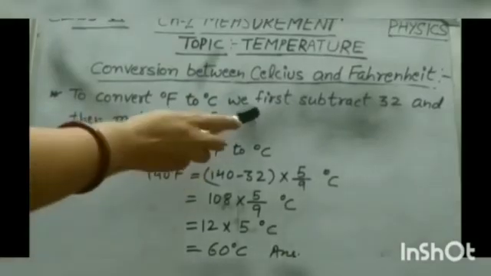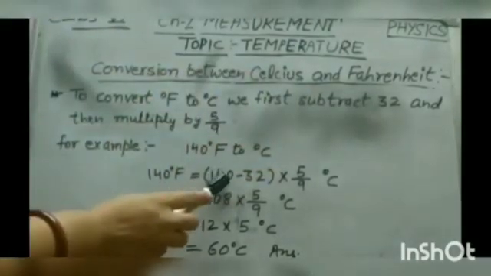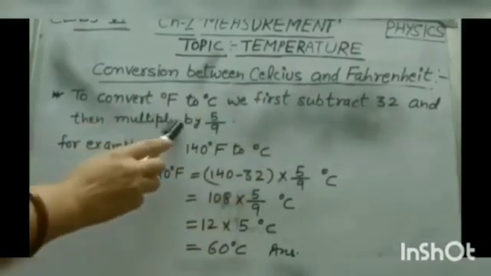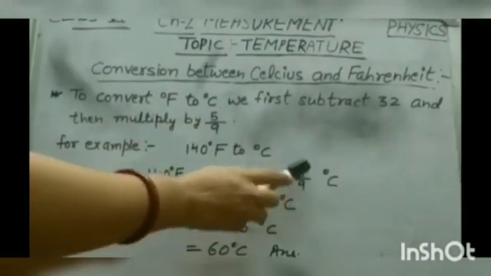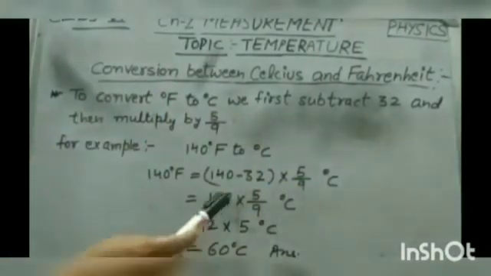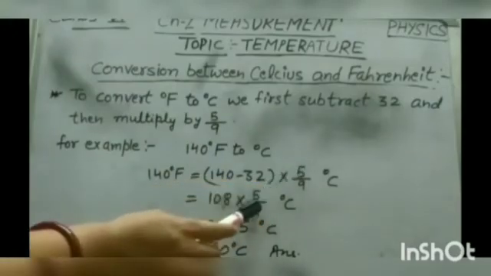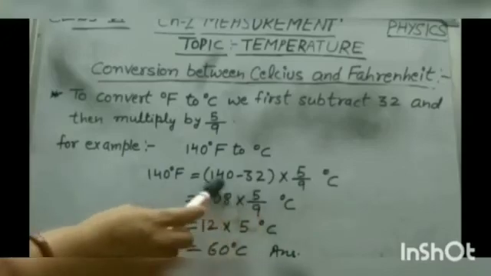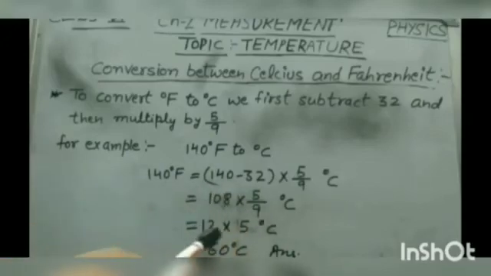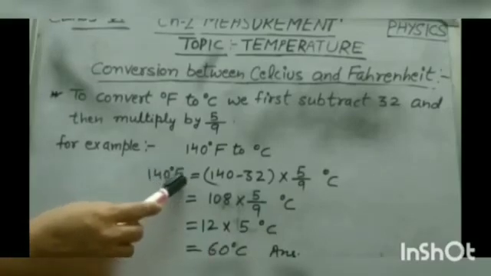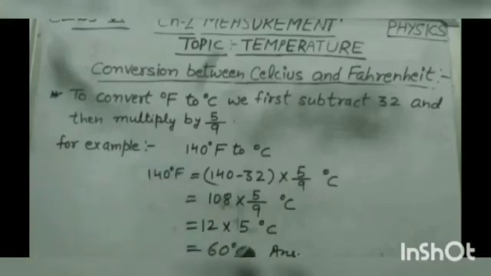First we subtract 32, so 140 minus 32, and then multiply by 5 by 9 degree Celsius. 140 minus 32 we get 108 into 5 by 9, and after that we will cancel the digits. 108 will be cancelled by 9, 12 times. So 12 into 5, 12 5s are 60 degrees Celsius. So 140 degree Fahrenheit will be 60 degree Celsius.